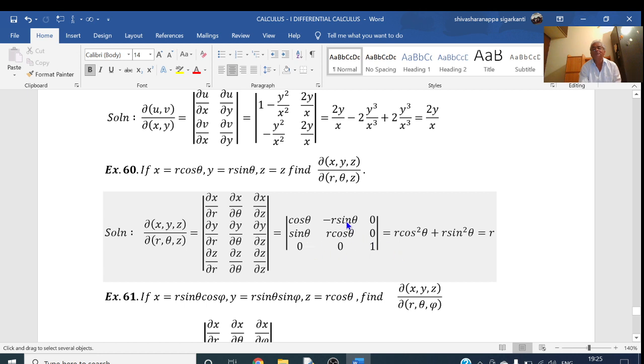That is r sin theta into sin theta is r sin square theta. Plus this is 0, 0 into term is 0. So I am getting r cos square theta plus r sin square theta. Taking r common, we get cos square theta plus sin square theta, r into 1. r into 1 is equal to r. So this is the ∂(x,y,z)/∂(r,θ,z). Okay, I will stop here. Thank you.